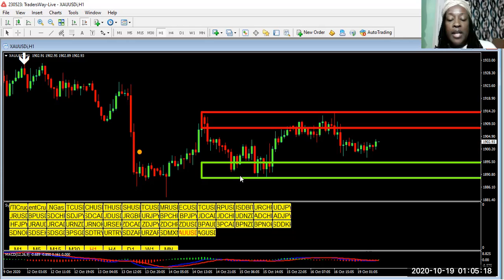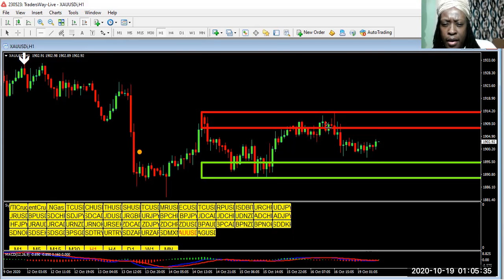No, same thing. So what I will be looking at, my lines here, I'm looking in particular for a bearish engulfing candle because I'm looking for sales.